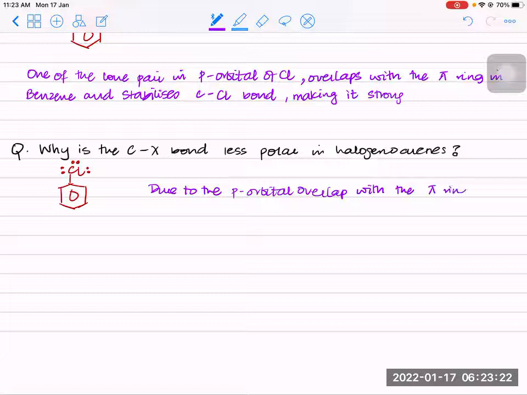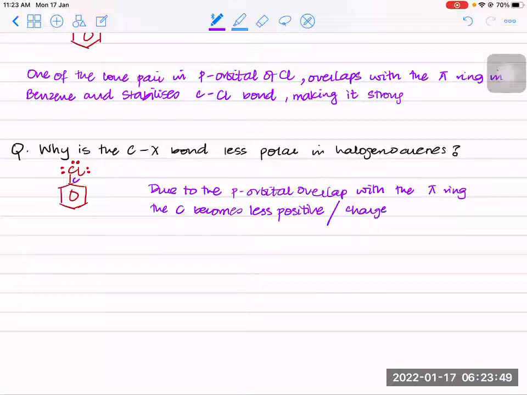this carbon that we have becomes less positive. Why? Because there's a lone pair overlapping with the pi ring. So due to the p orbital overlap with the pi ring, the carbon becomes less positive, or you can say the charge density around the carbon increases.